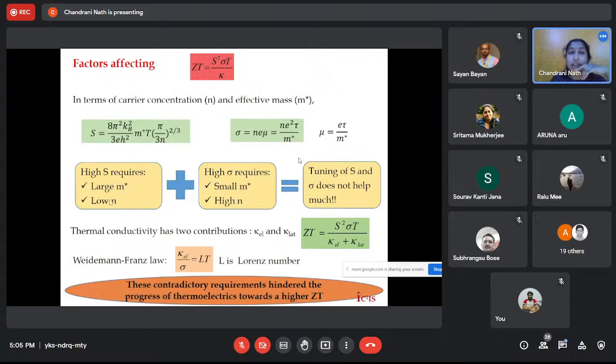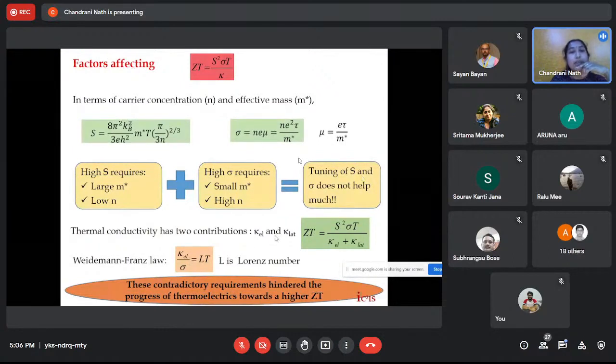On the other hand, if you have a large effective mass, the conductivity will decrease. Again, in terms of carrier concentration, for a high Seebeck coefficient the carrier concentration needs to be low, but for high sigma the carrier concentration needs to be high. So if we try to tune S, sigma will decrease. On the other hand, if you try to increase sigma, the electrical conductivity, S will decrease. Right, so this tuning doesn't help us much.